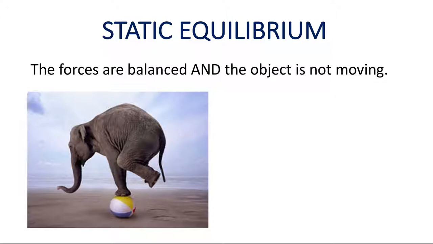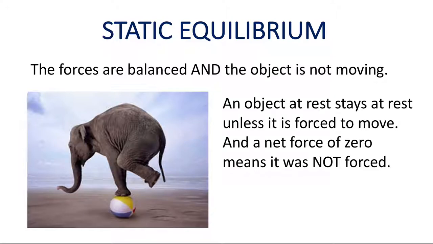Static equilibrium is related to Newton's first law because we know that an object at rest stays at rest unless it is forced to move. Well, if the net force is 0, that means that it has not been forced to move, there will not be acceleration, and the object will continue to do what it was already doing, which in this case was nothing.